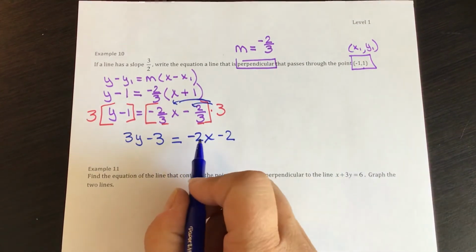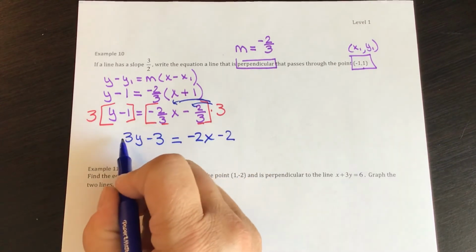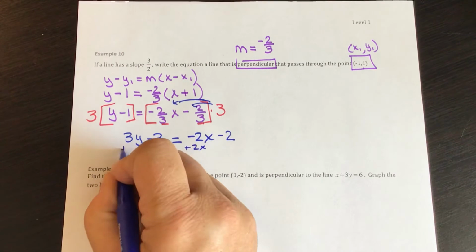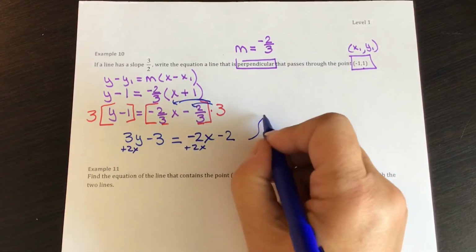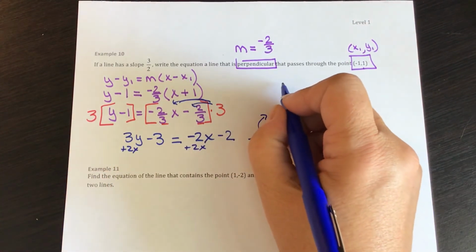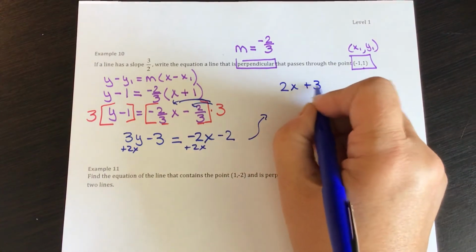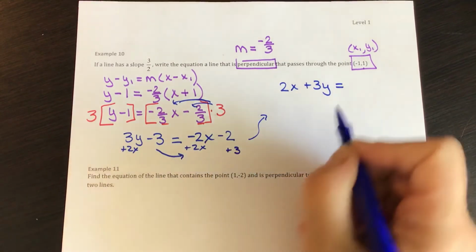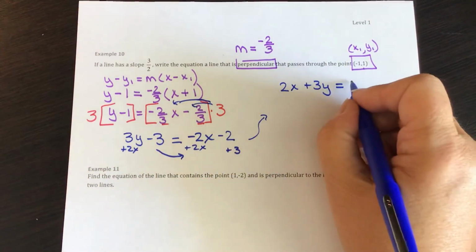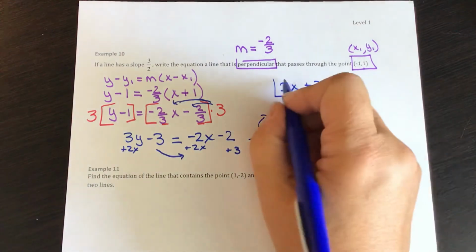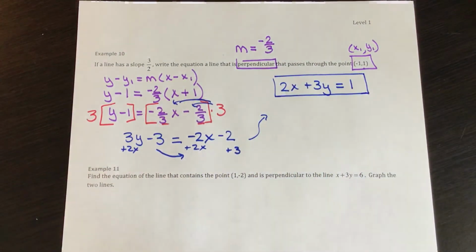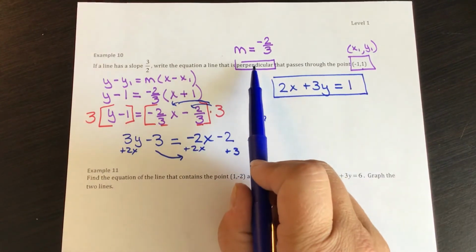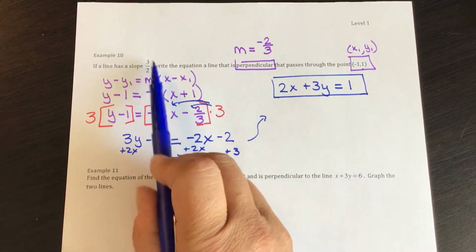To put it in standard form, I'm going to add the 2x to the other side. So I'm going to get 2x plus 3y, and I'm going to add the 3 to this side. And negative 2 plus 3 is 1. And this is the equation of the line in standard form that would be perpendicular to a line that has this slope.